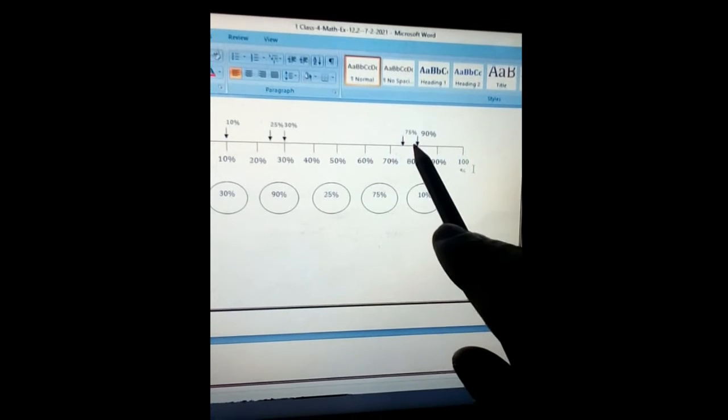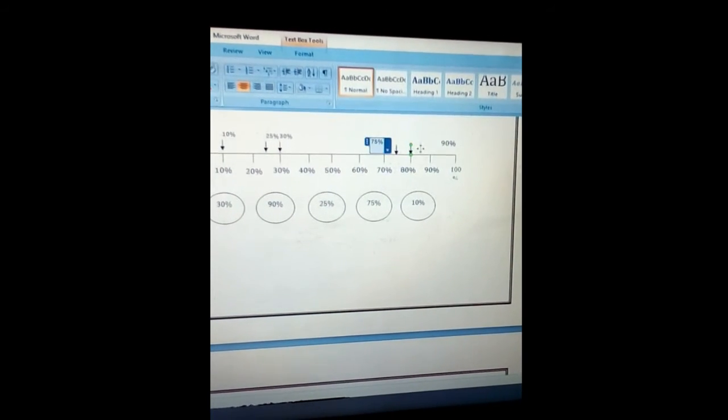For 90% we put an arrow, so 90% will be over here. So A, B, C are done.